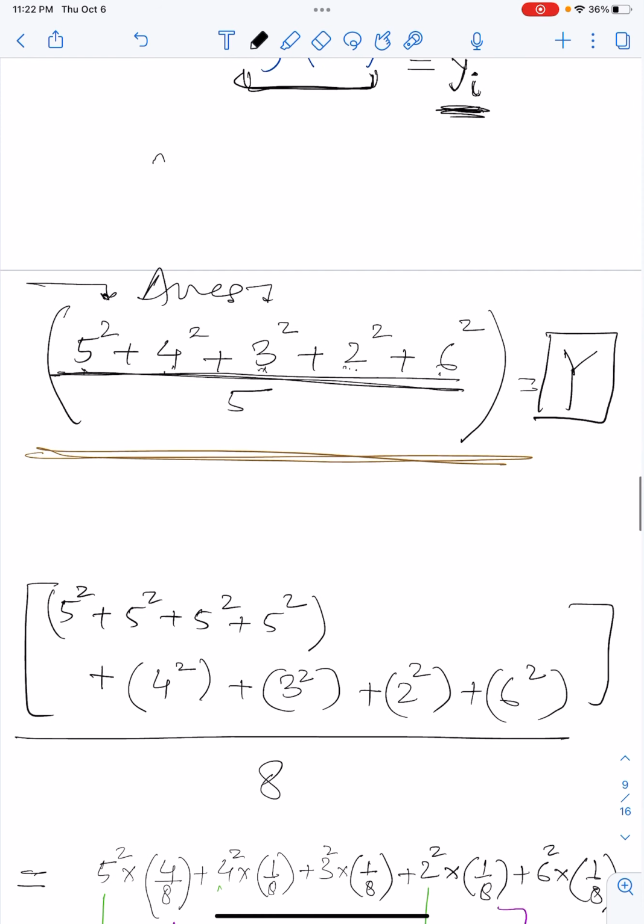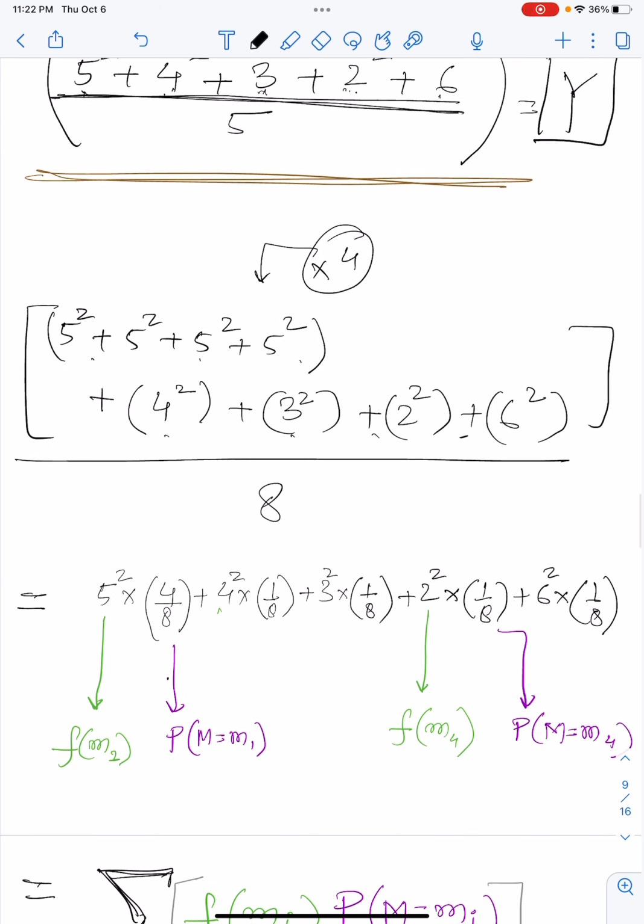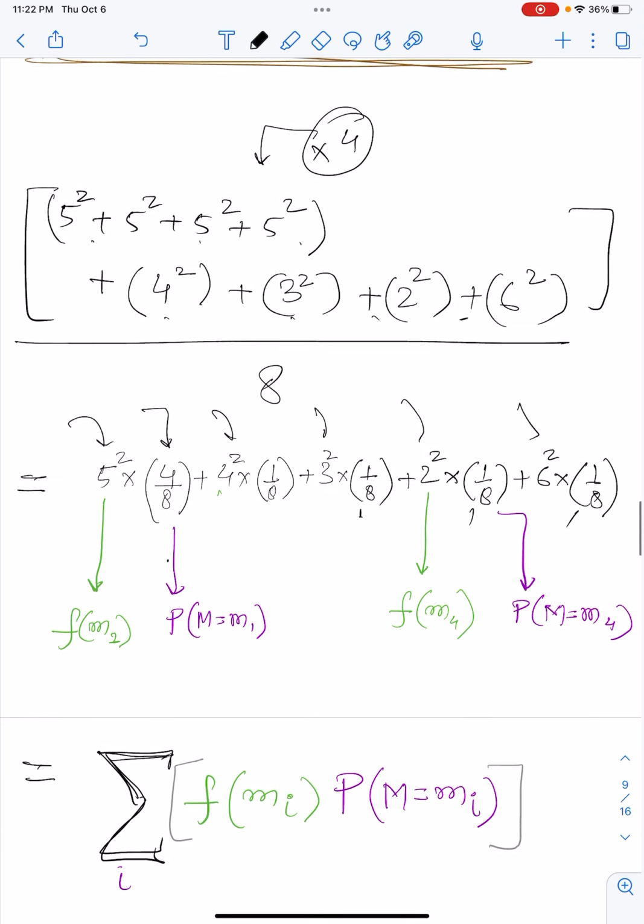an estimate for y. And in the second setting, in which we had 4 boxes that had 5, again that could be reduced to this particular expression divided by 8, and then I can write the same thing, because 5 was occurring 4 times. I can say that it is 4 by 8, and then 1 by 8, 1 by 8, 1 by 8, 1 by 8, and these are the possible outcomes from the machine. What are these possible outcomes?